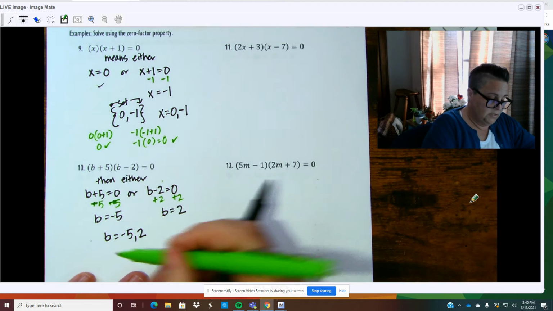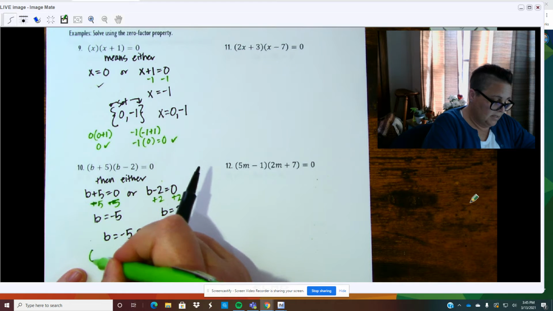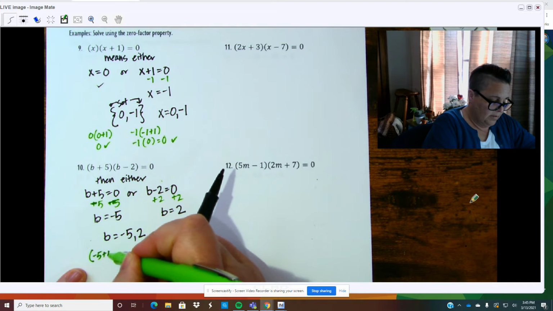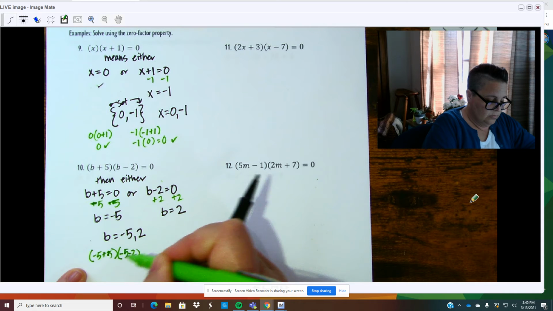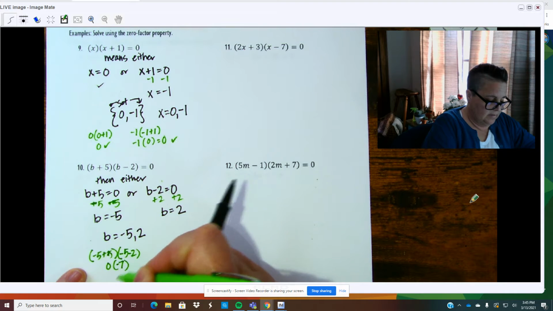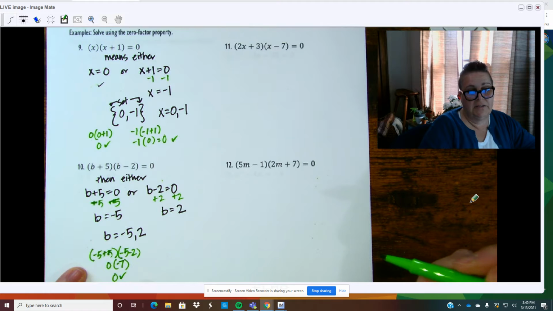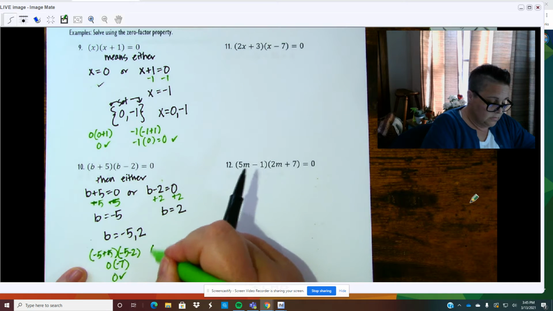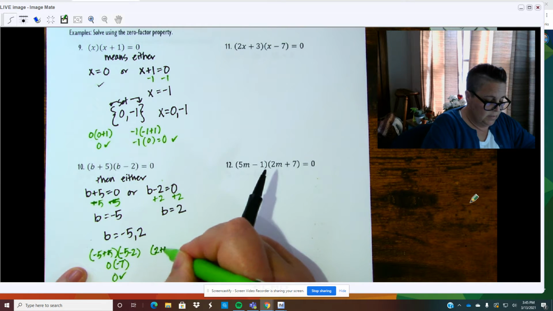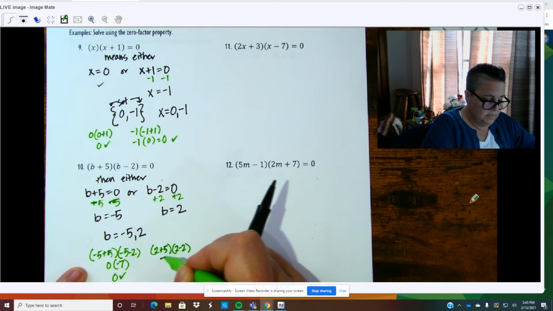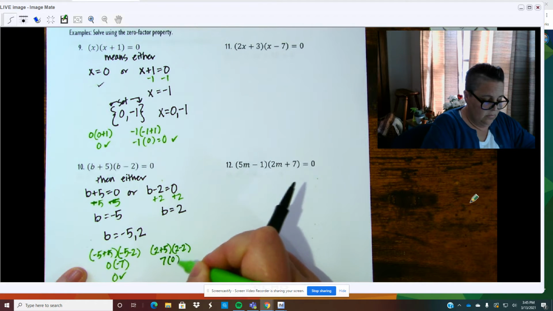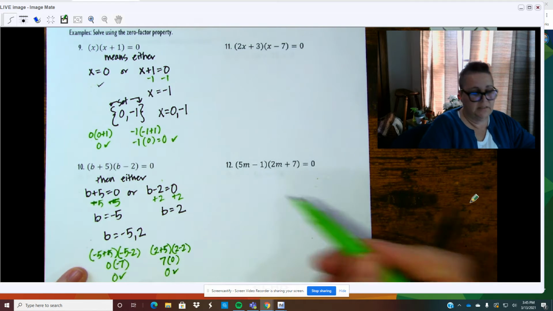I would then want to check this. To check this, I would have negative 5 plus 5 times negative 5 minus 2. That's 0 times negative 7. That's 0. It checks. I would also check the 2. 2 plus 5 times 2 minus 2, or 7 times 0, which is still 0, and that checks.